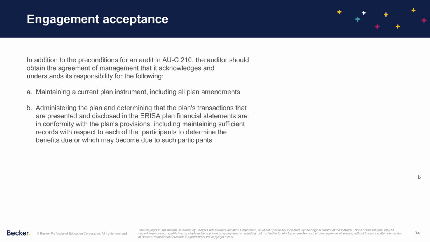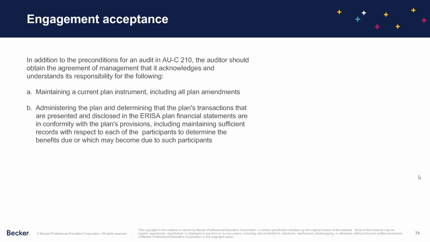So in addition to our typical preconditions in AUC 210, we're also going to obtain the agreement of management that it acknowledges and understands its responsibility for maintaining a current plan instrument. Right, so it's their job to have the current rules and regulations of the plan.